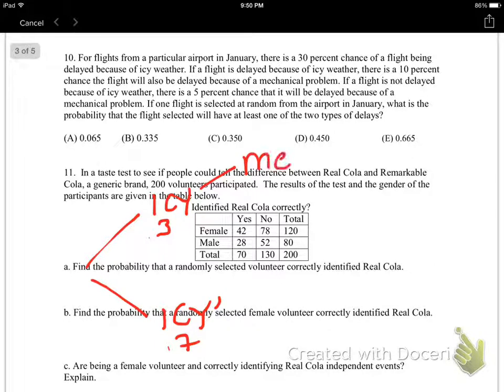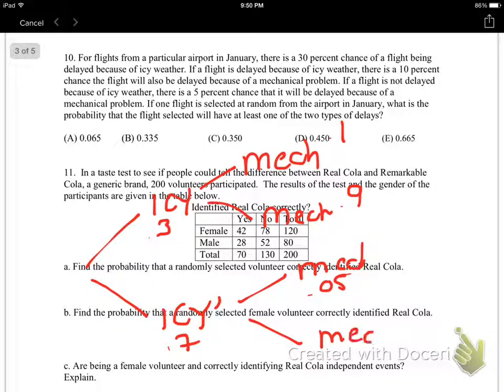So we also have mechanical problems, or we don't have mechanical problems. So this is 0.1, this is 0.9. Okay, if a flight is not delayed because of icy weather, there's a 5% chance of mechanical problems. So here's mechanical problems, 0.05, and no mechanical problems, 0.95.